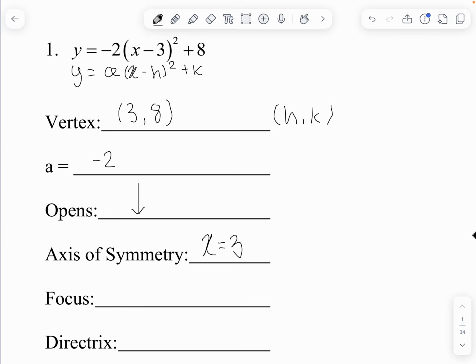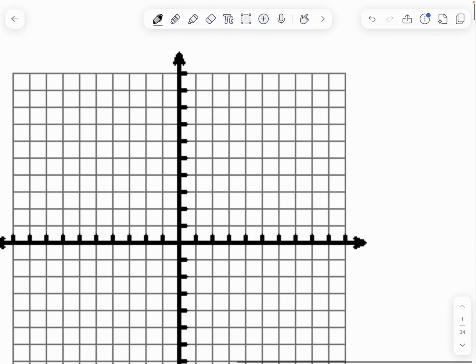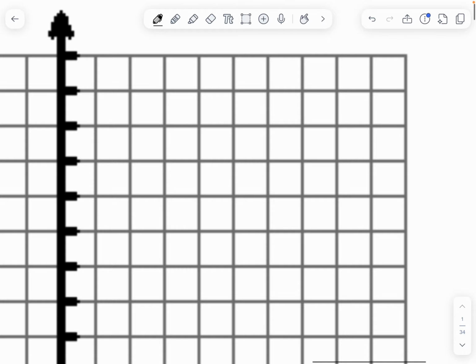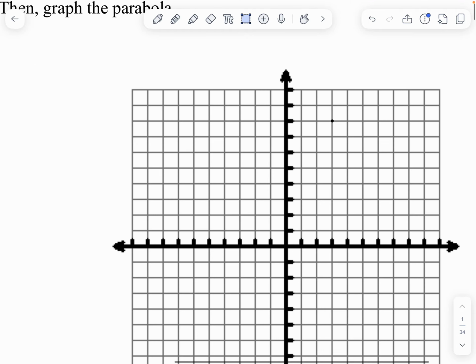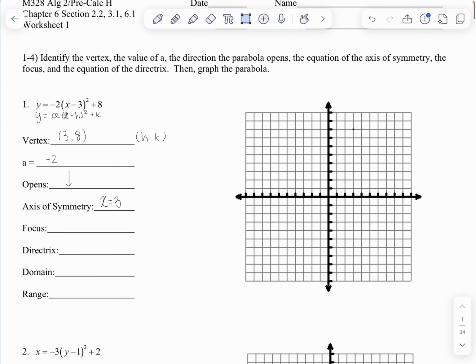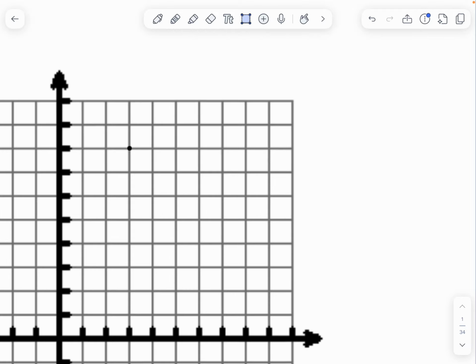So let's graph all of these points first. Okay, we graphed that. Now we need to graph the axis of symmetry.